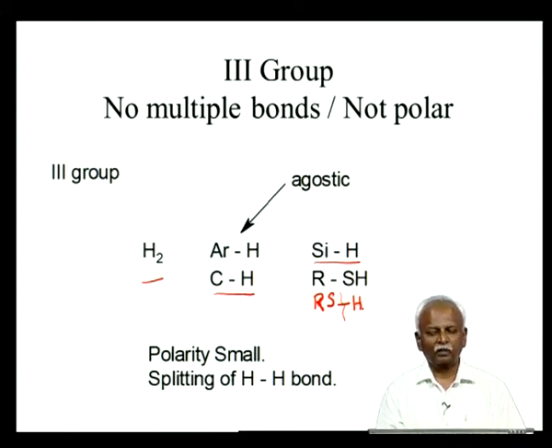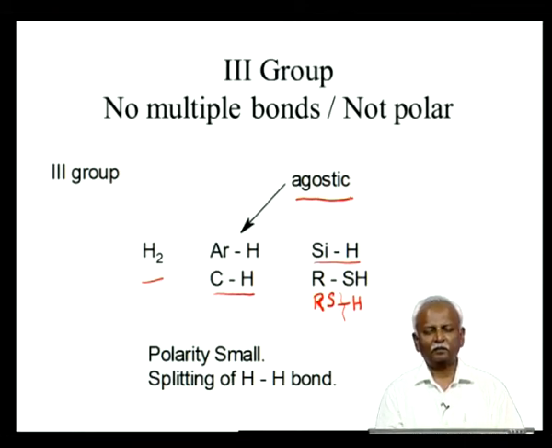So, these add on to the metal complex, and so the metal will now have RS and H added on to it. Now, the characteristic feature of many of these molecules is as follows. They undergo an interaction with coordinatively unsaturated metal complexes in a weak fashion, and this has been termed an agostic interaction, and we will discuss this in greater detail later after we finish talking about oxidative additions.